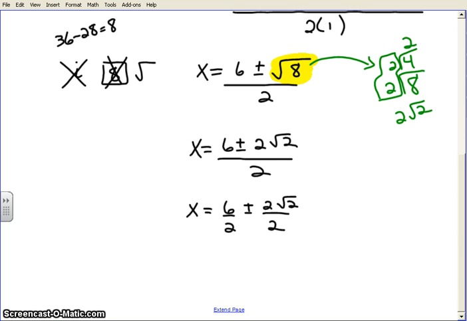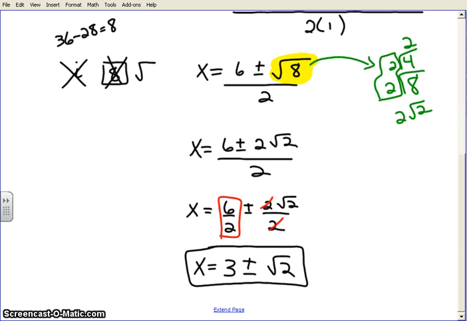And then finally, if I go ahead and reduce, 6 divided by 2 is going to give me 3. And then 2 divided by 2 is 1. So x is equal to 3 plus or minus the square root of 2.